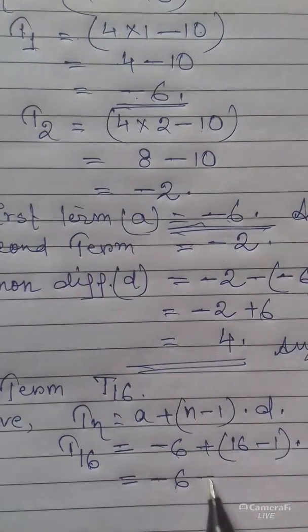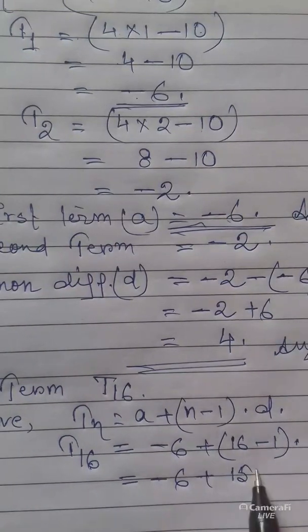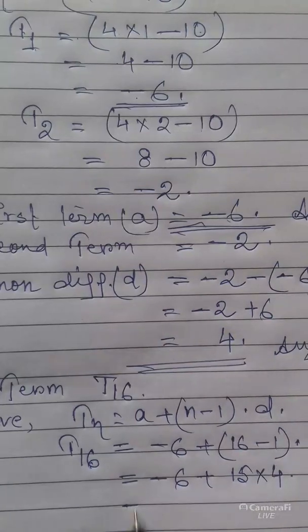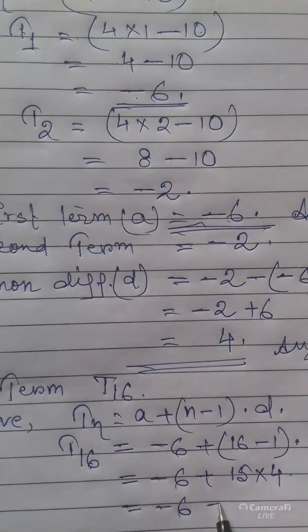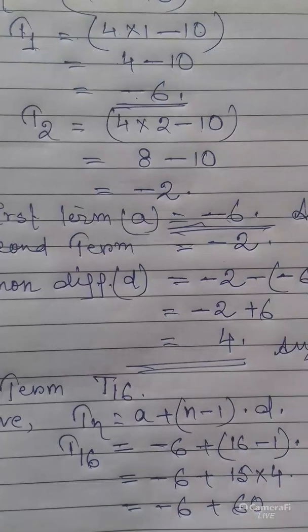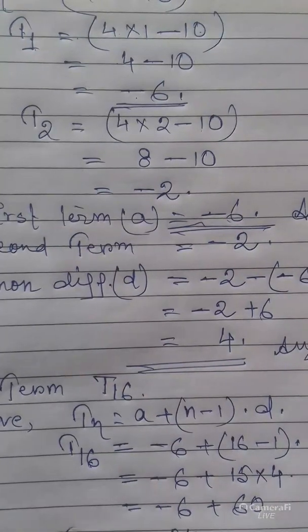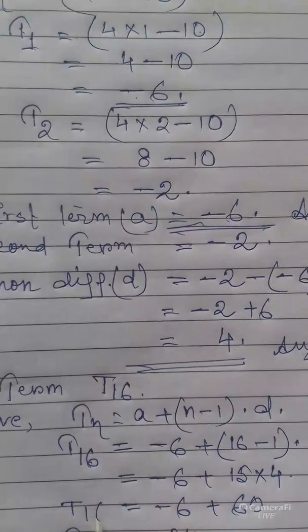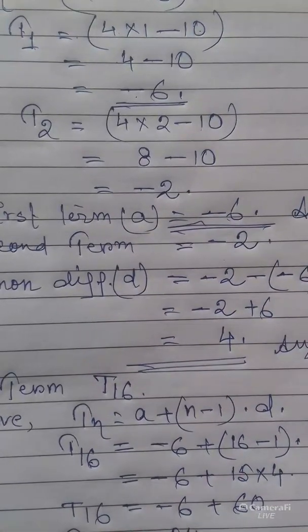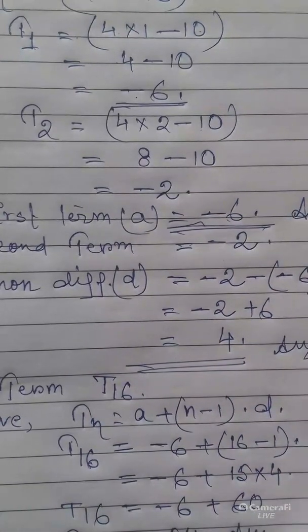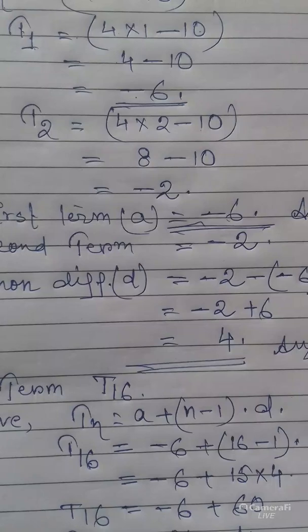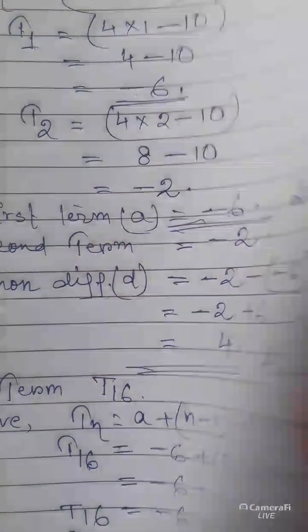Minus 6 plus 15 into 4, so minus 6 plus 60 means 54. 16th term equal to 54. This is the answer.